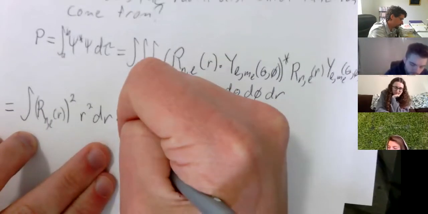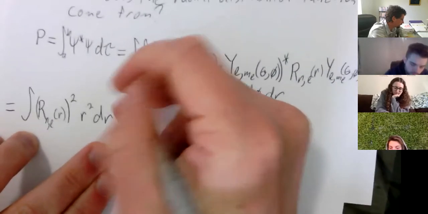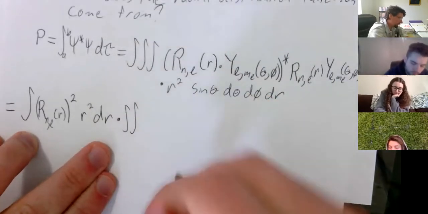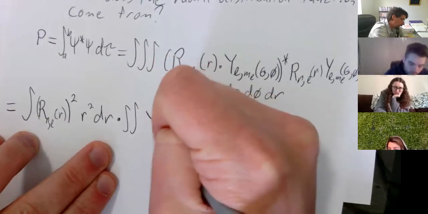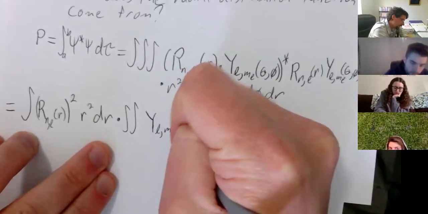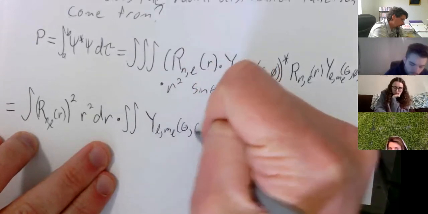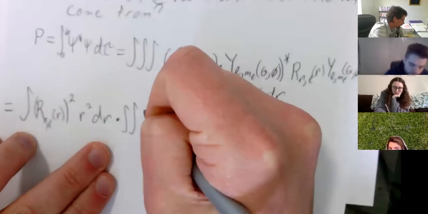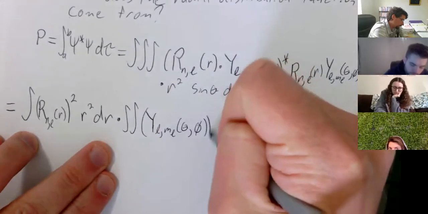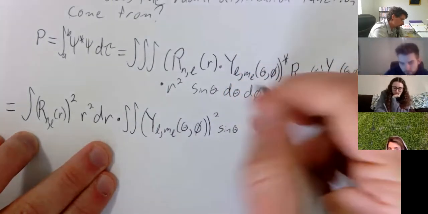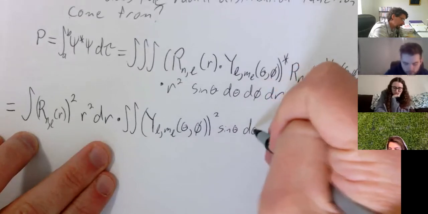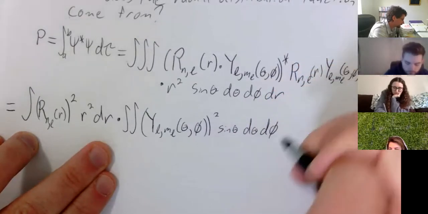Next part. We got a double integral in this case. We have Y sub l m sub l of theta phi, squared, sine theta d theta d phi.